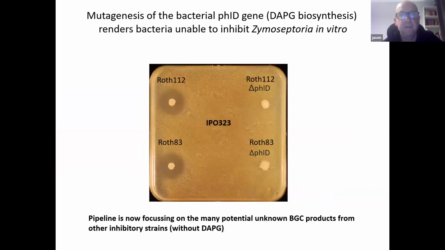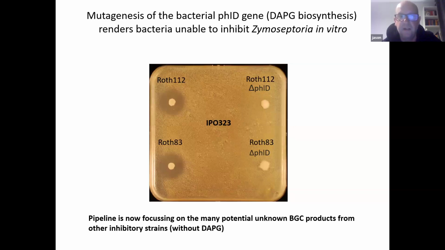So we've developed mutagenesis in bacteria as well now, which is quite nice. And this is the example of what we did. We targeted by mutagenesis inactivation a key DAPG biosynthetic gene called PhlD. When you knock that particular gene out in 2 of the inhibitory bacterial strains, you can see on the slide, on the right-hand side, that they lose their halo.